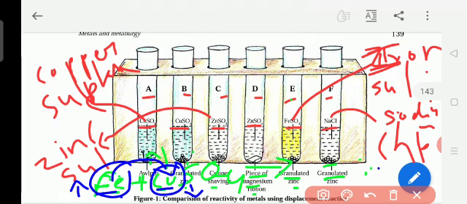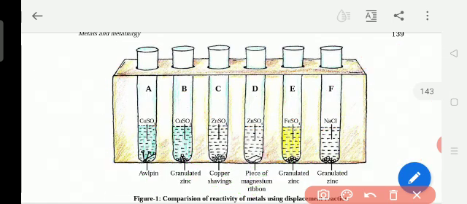So the product we get is FeSO4 plus Cu. Always the more reactive metal displaces the less reactive metal. The higher reactive metal is displacing the less reactive.